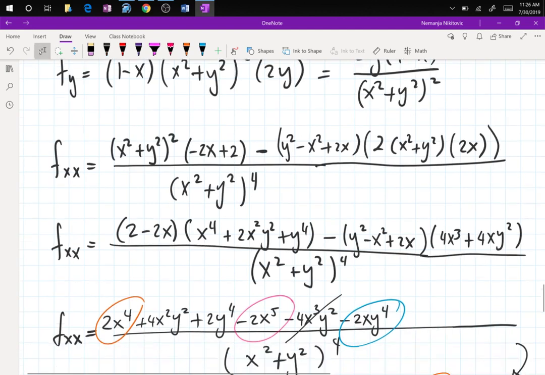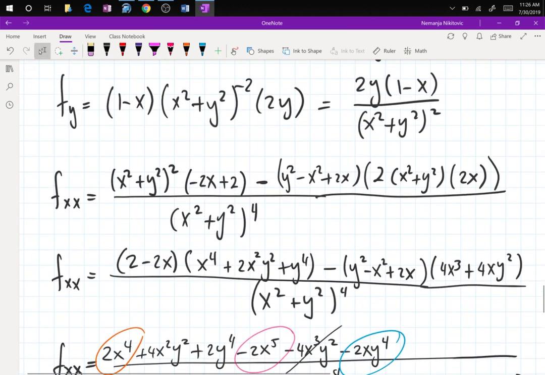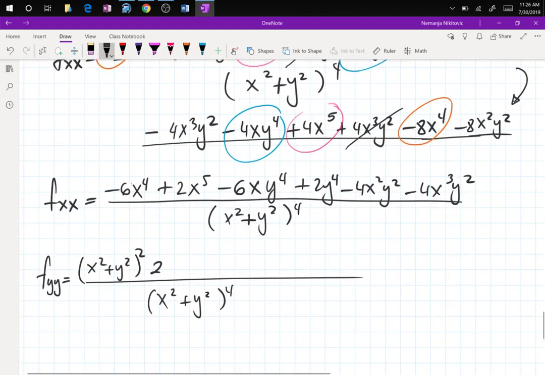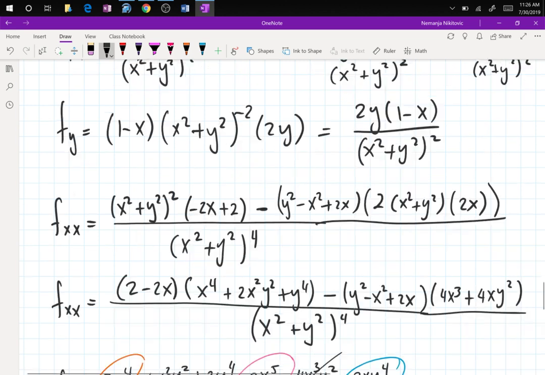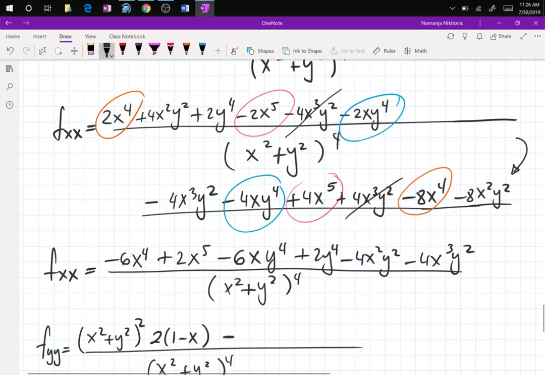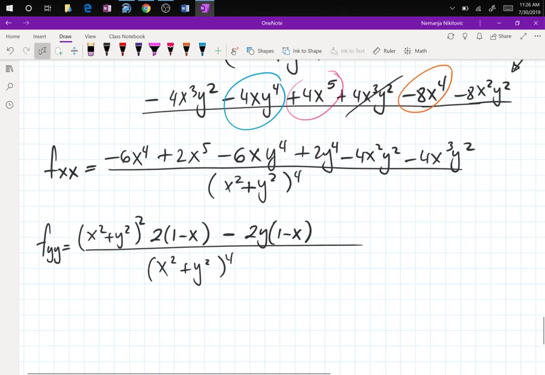What about it? So we have our x squared plus y squared to the 4th, x squared plus y squared times the derivative of top, which is just 2 times 1 minus x, and then minus the derivative on top with respect to y, no, copy the top, 2y times 1 minus x, and derivative of the bottom, 2 times x squared plus y squared times 2y.